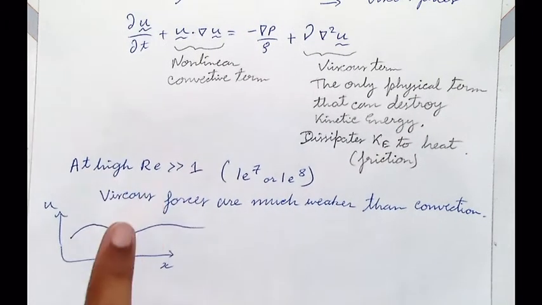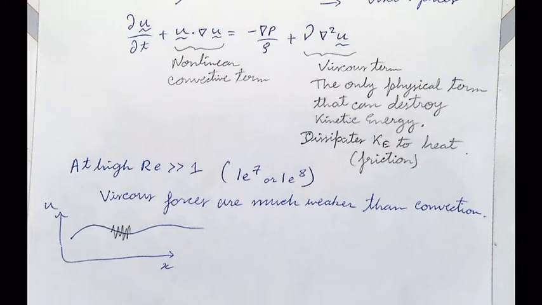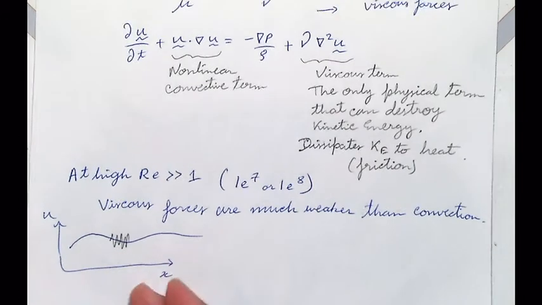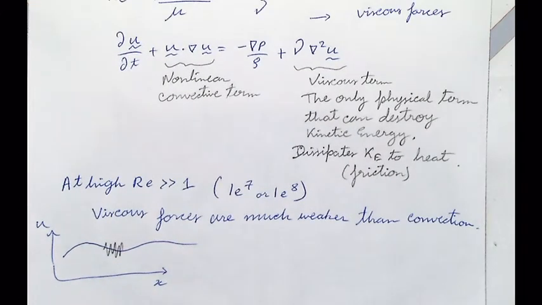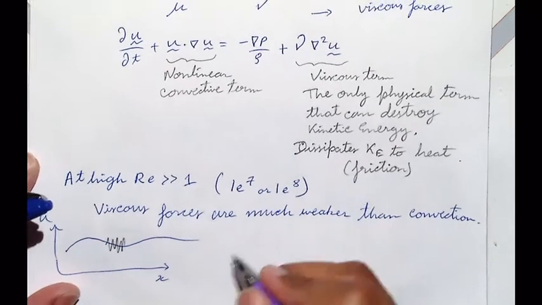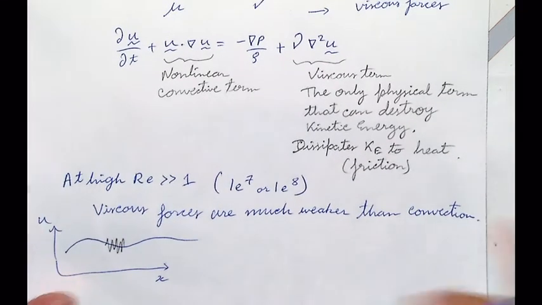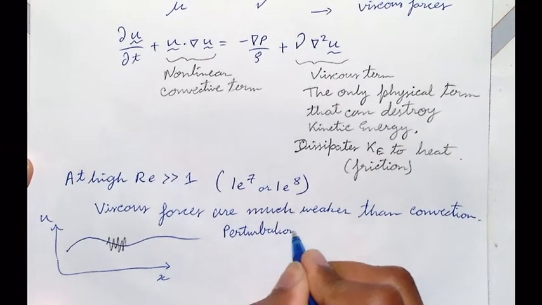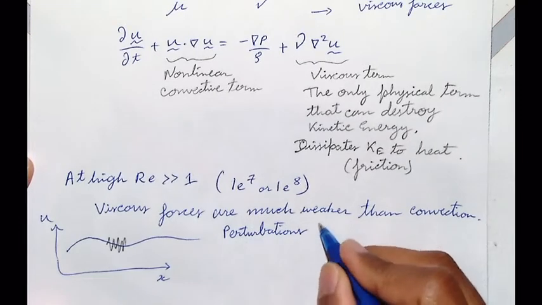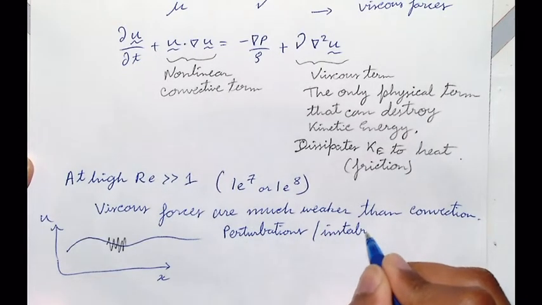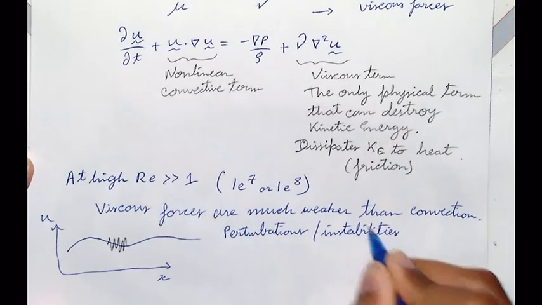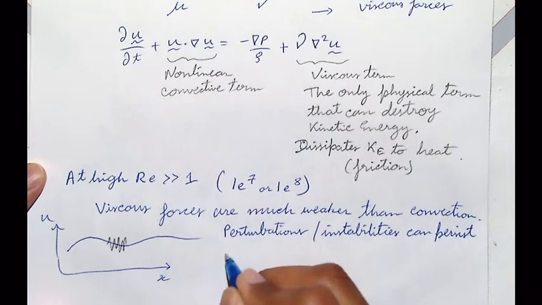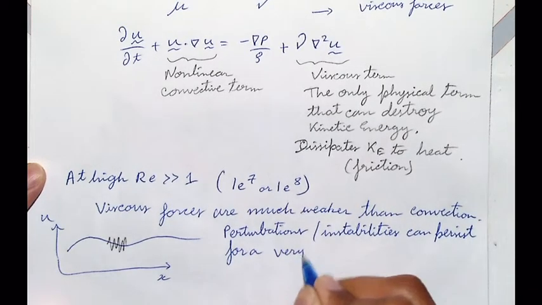But for high Reynolds number cases, the viscous forces are very weak, so they cannot smooth out this perturbation immediately. So this persists for a very, very long time. Okay? So in this case, perturbations and instabilities can persist for a very long time.